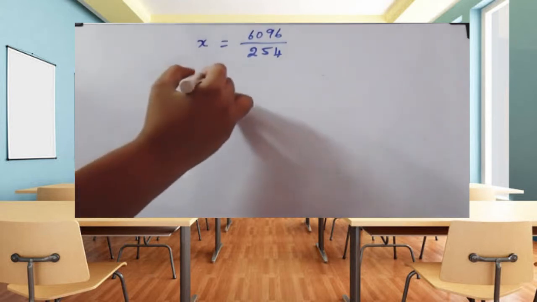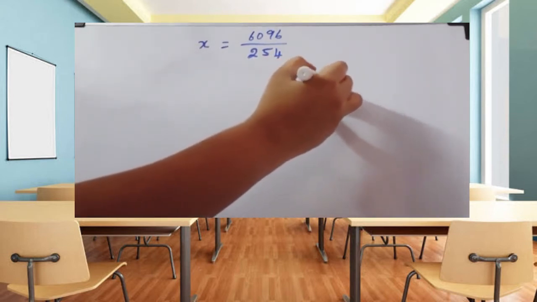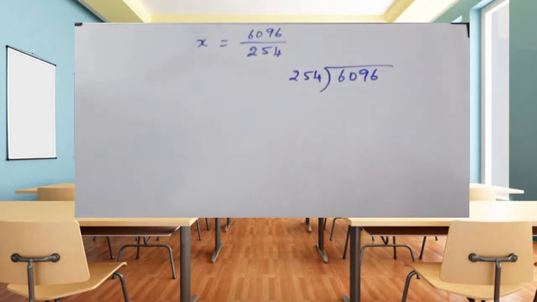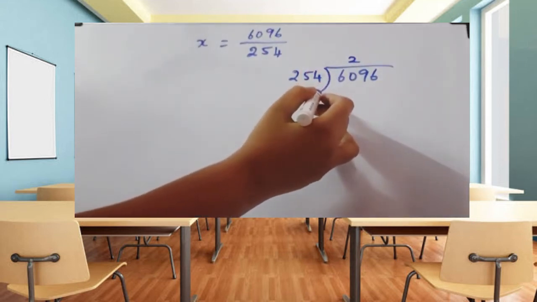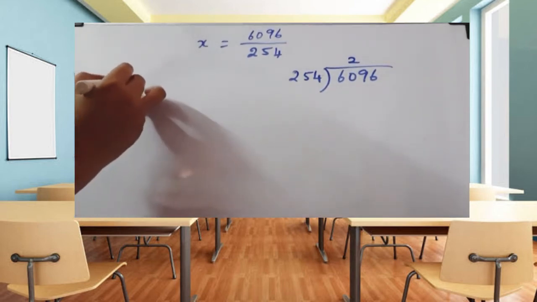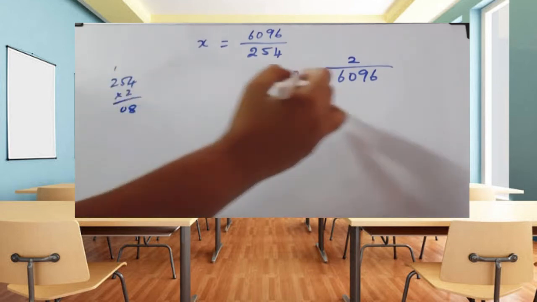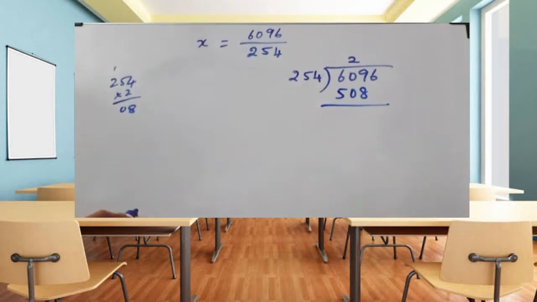In order to find x, we need to divide 6096 by 254. 254 into 2 is 508.